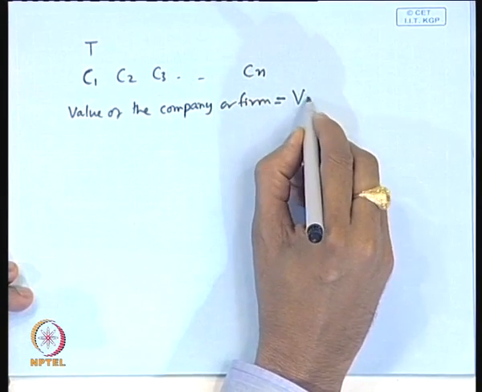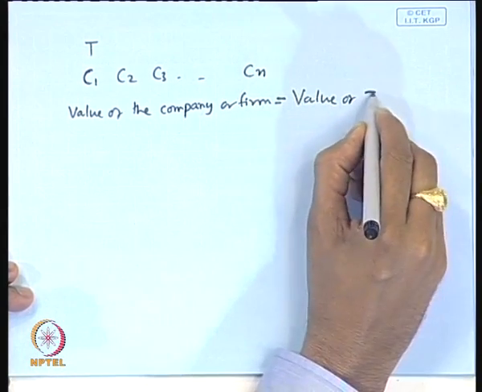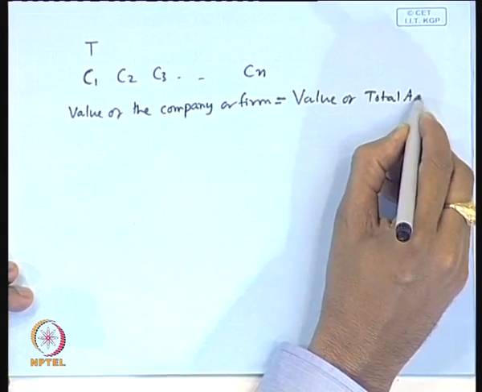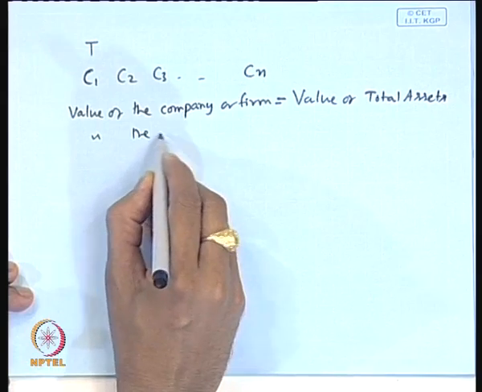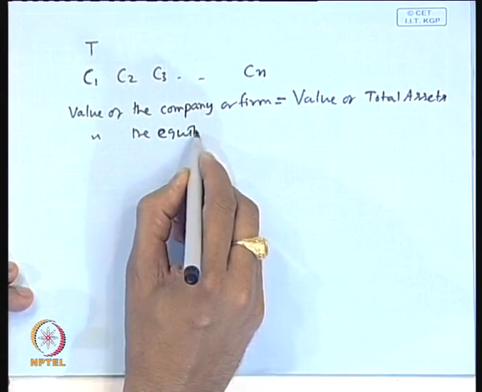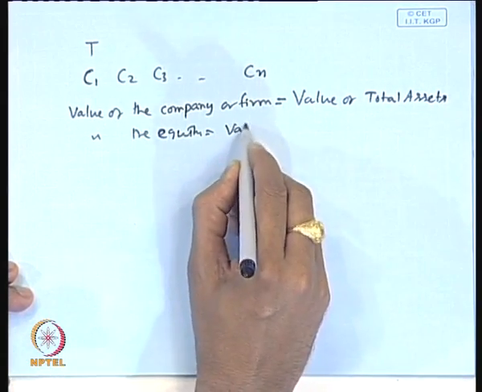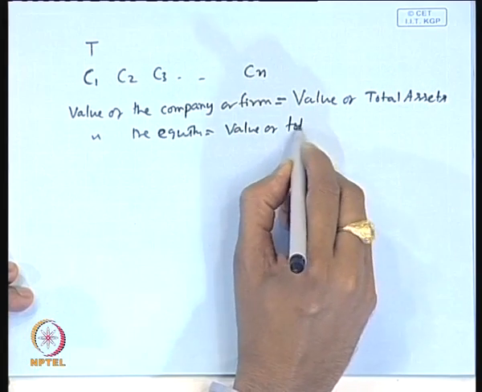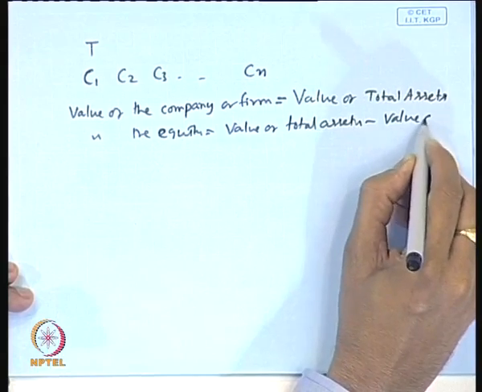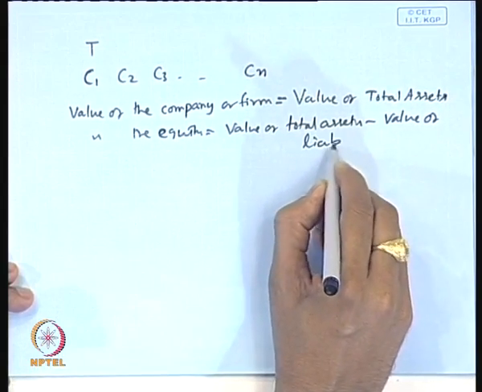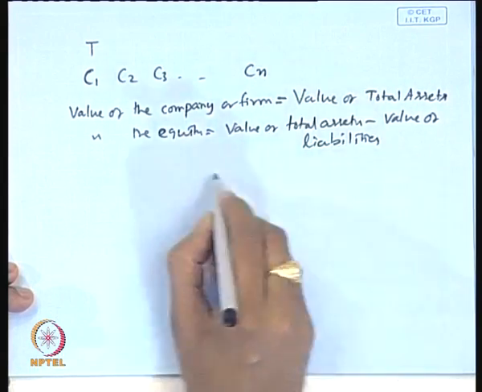So, in that case we can say the value of the total assets. When you go for the value of the equity of the company, you take the value of total assets less the value of liabilities, which are essentially outsiders' liabilities.